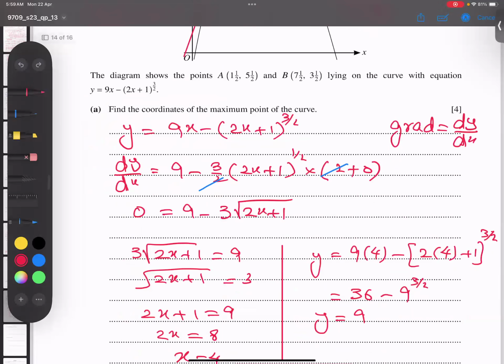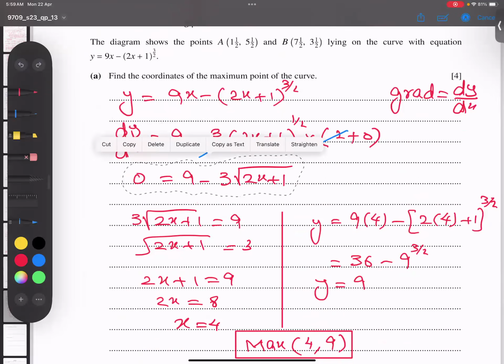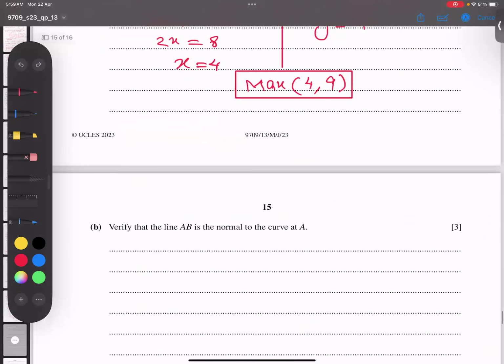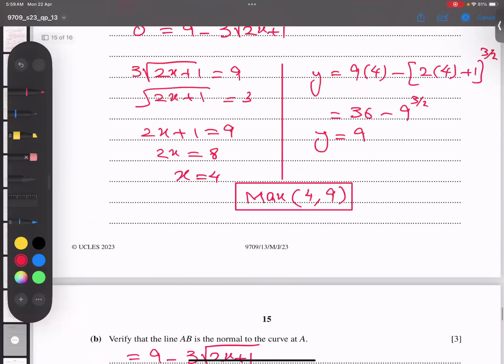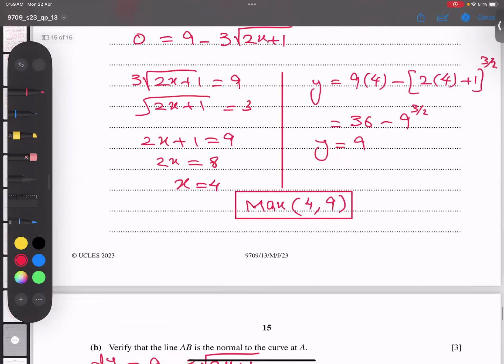So first of all, gradient of the tangent. I have the derivative already, why waste my time? So this is the gradient. Copy, and I'm pasting here. This is dy over dx. At A, let me check.